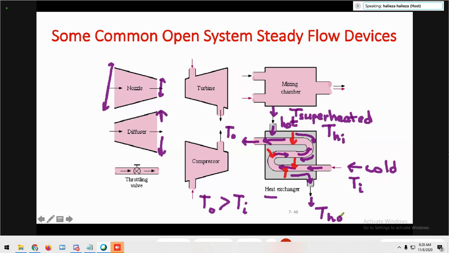That T hot out should be less than the T hot in. Let me write it over here. T hot out should be less than T hot in, because there is heat transfer from the hot fluid to the cold fluid. Okay, guys, do you get what I'm trying to say?